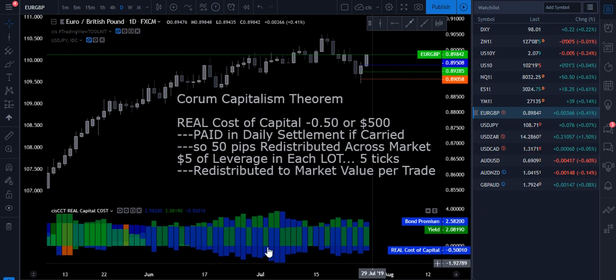And the same is true in the center bars, where the yield of the dollar is increasing, it's green. Where the yield is decreasing, it's blue.